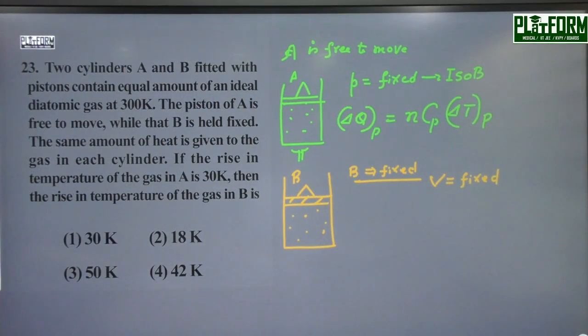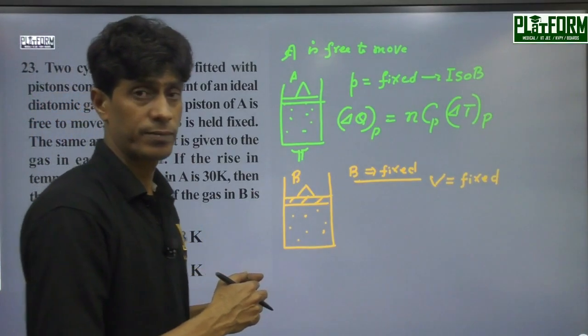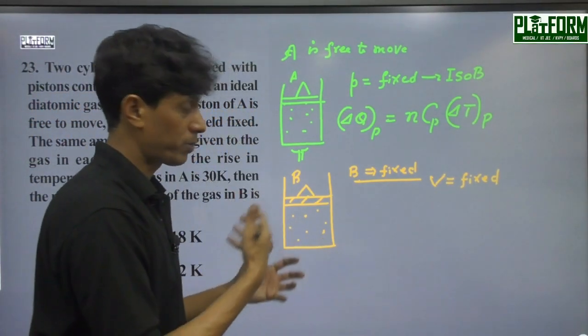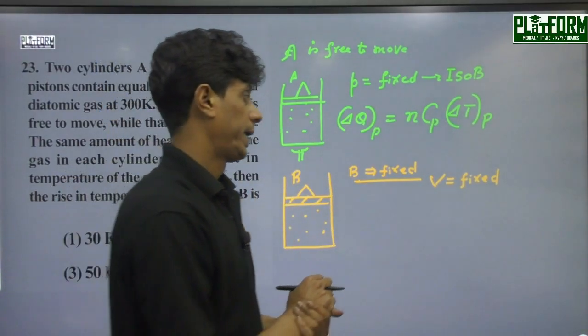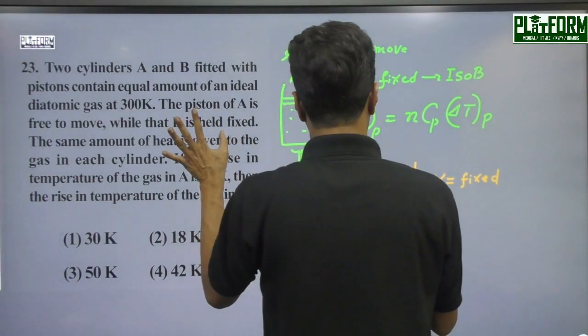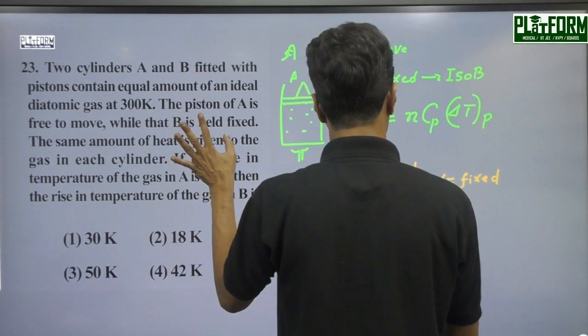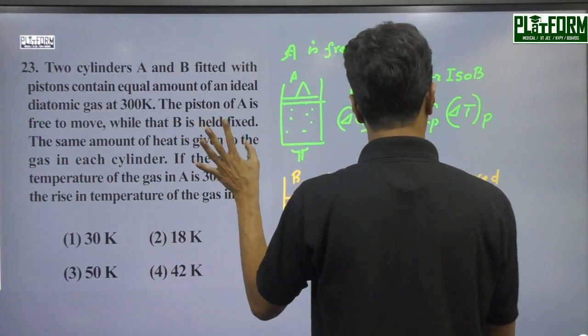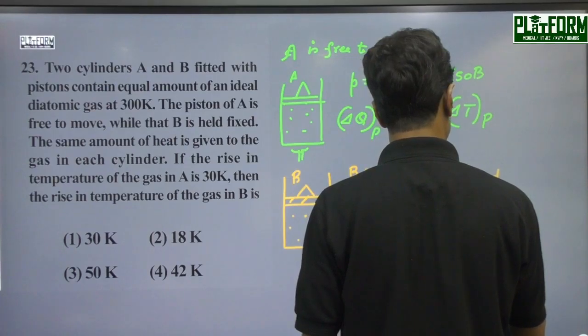No chance to increase the volume. So pressure increases. Because of the rise of temperature, the pressure of the gas increases. And you know that the heat given in this process is nCv delta T at constant volume.